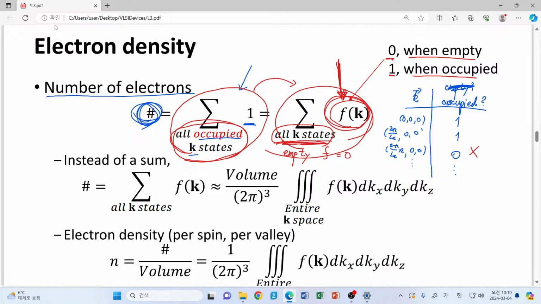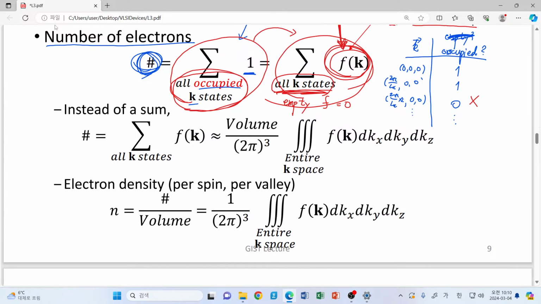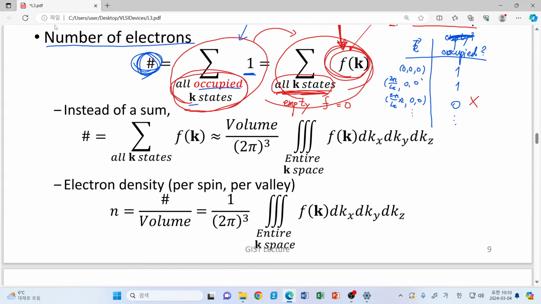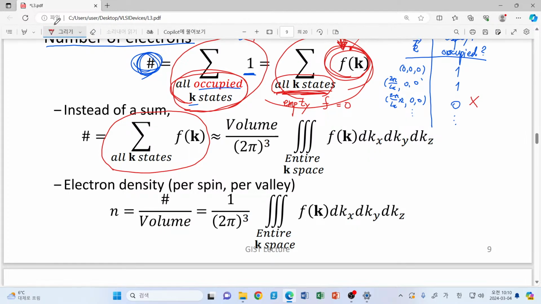F just specifies whether the state is occupied or not and contributes to our summation or not. So once you accept this as a way to calculate the total number of electrons, then the transition from summation into integration is now well known to us.